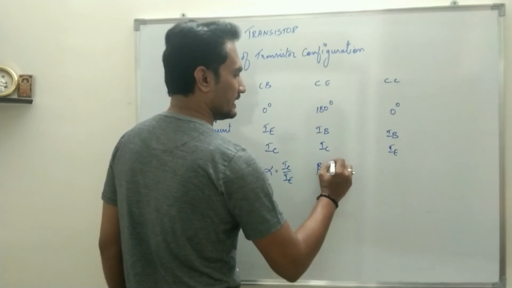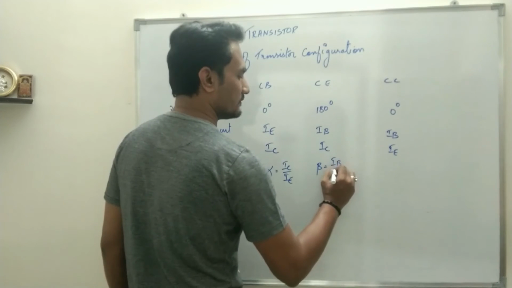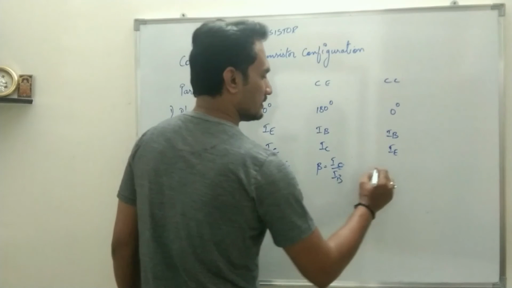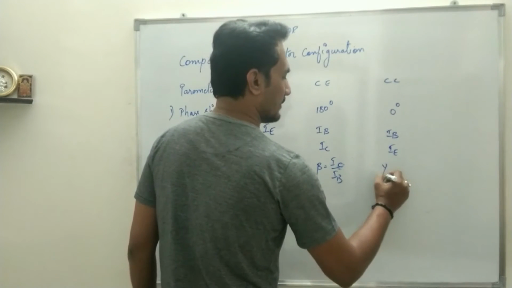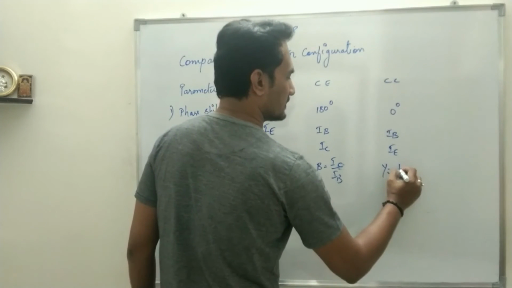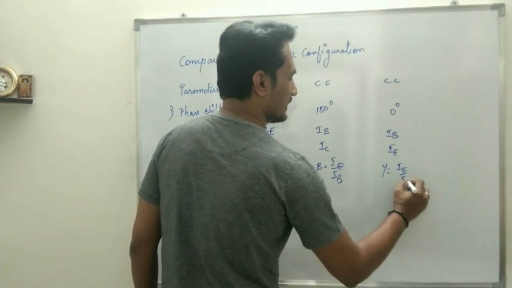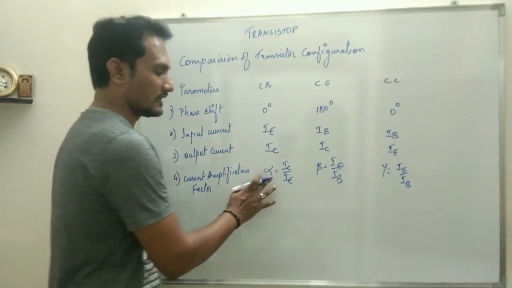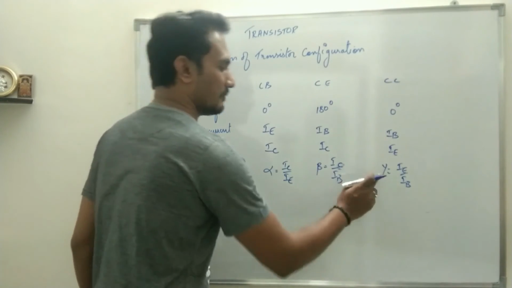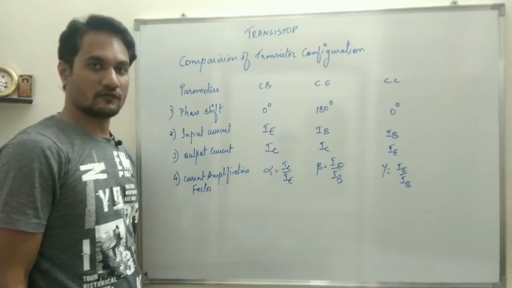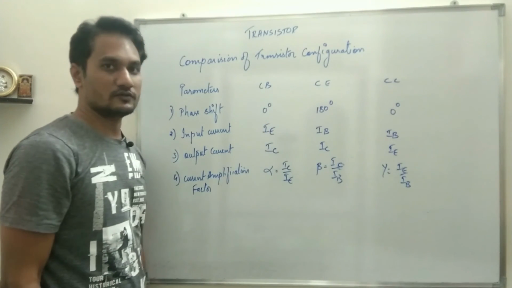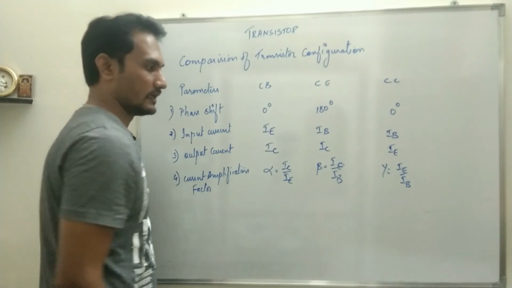Here it is beta for common emitter configuration, which is IC upon IB, and gamma for common collector configuration, which is IE upon IB. So from this formula itself we can say that alpha is less than 1 and beta and gamma value will be very large. So for current amplification you won't be using common base configuration, you will be using common emitter and common collector configuration.